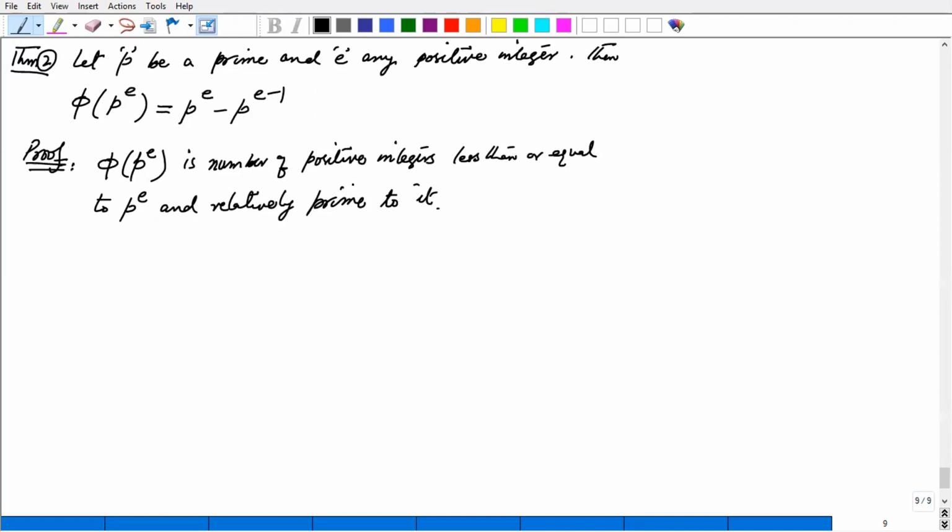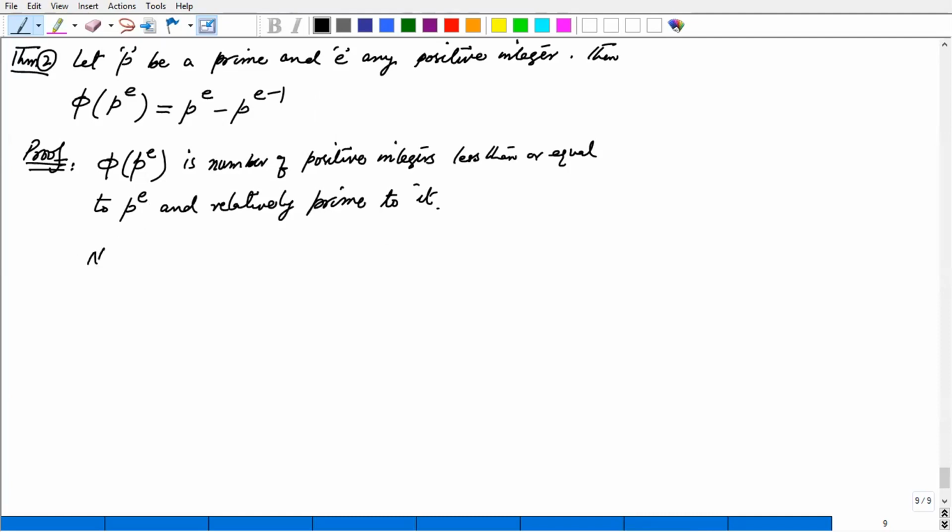So we consider the number of all positive integers less than or equal to P to the power E, and relatively prime to P to the power E as well.